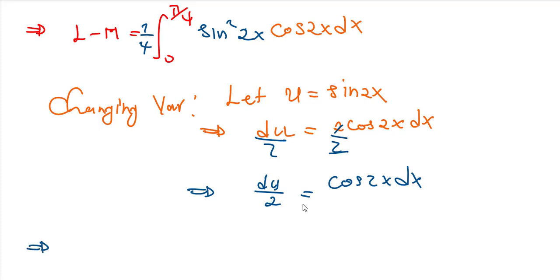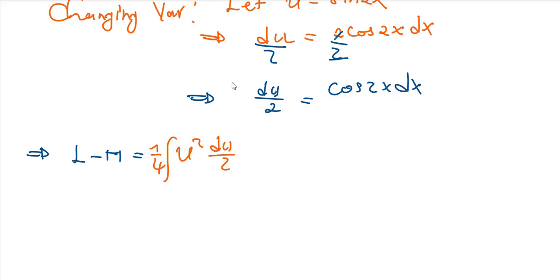So I will replace in my integral. L minus M will be equal to the integral, I'll keep my boundaries aside, of u squared, then cos 2x dx has become du divided by 2. Now let us not forget our 1/4 outside times that integral.